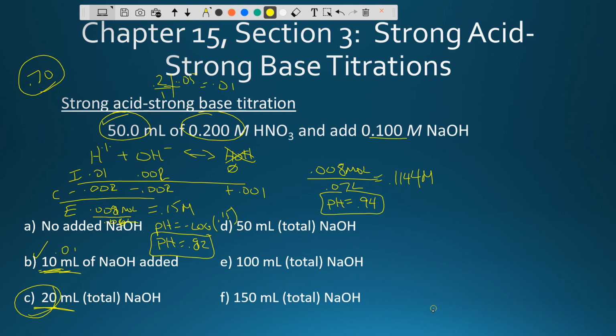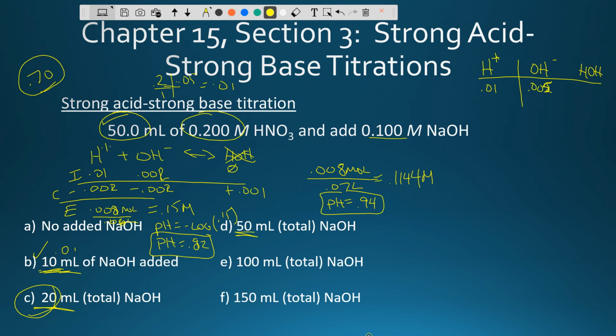And so I have my letter D, I have 50 milliliters total. Okay, well, what does that do? Okay, let me just start. Here's my hydrogen, here's my hydroxide, here's my water, which who cares because it doesn't really do anything. But remember, I started with the 0.01, I started with a 0.002, okay, and now I'm at a 0.005.